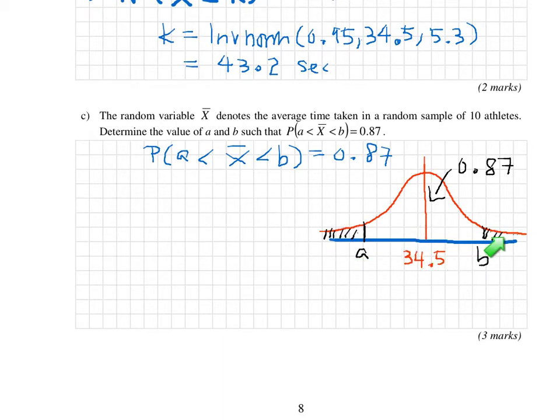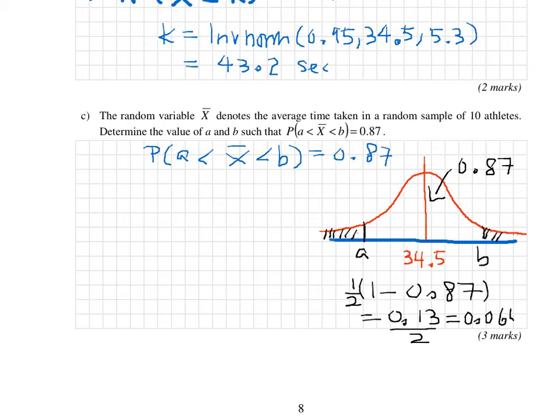That means that the total of these two shaded regions is 1 minus 0.87, which is 0.13. Because it is symmetrical, we divide this into 2 equal regions, and you end up getting 0.065.